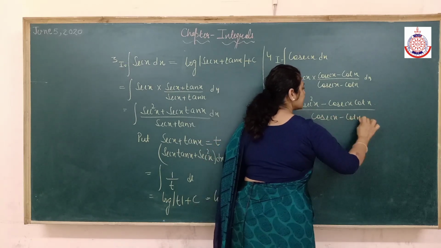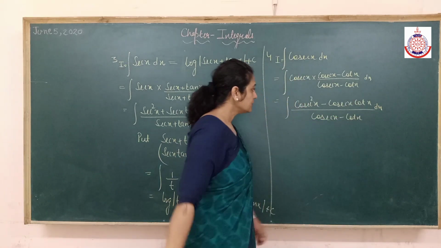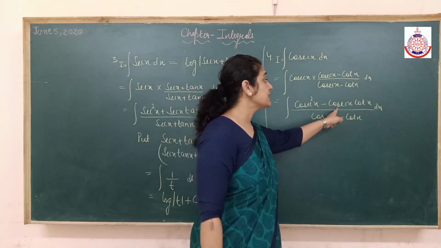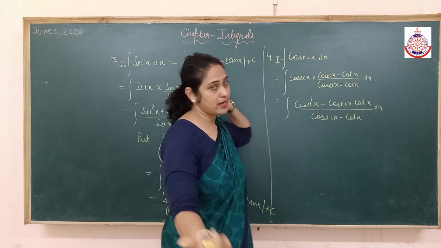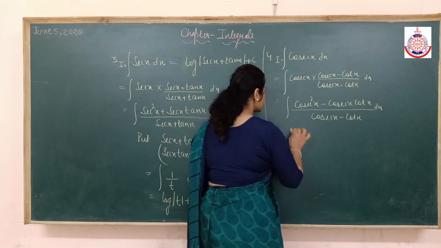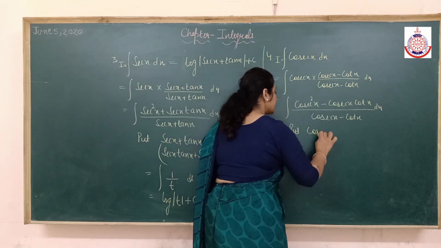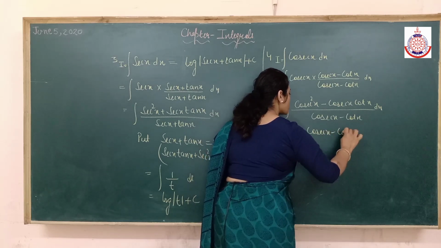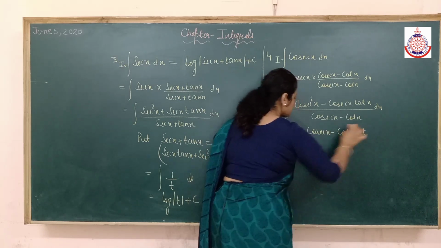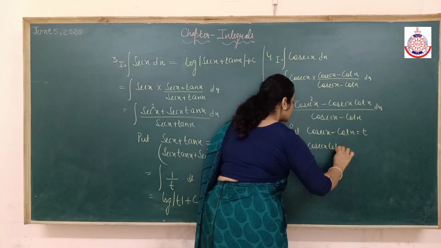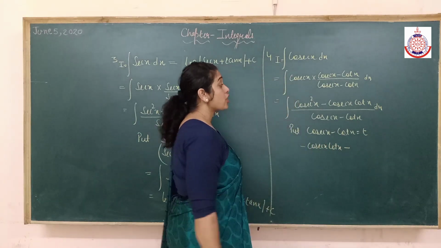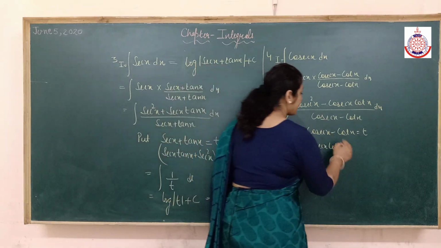upon cosecant x minus cot x. Clear? So again, differentiation of cosecant is minus cosecant into cot, and differentiation of minus cot is cosecant square. So put cosecant x minus cot x equals t. Differentiation of cosecant is minus cosecant x into cot x, and differentiation of cot is minus cosecant square, so minus is already there.